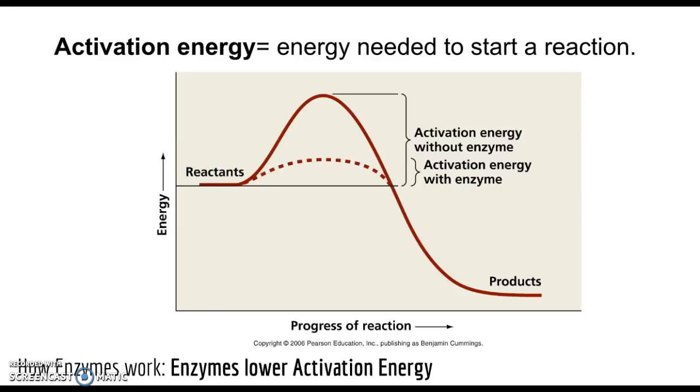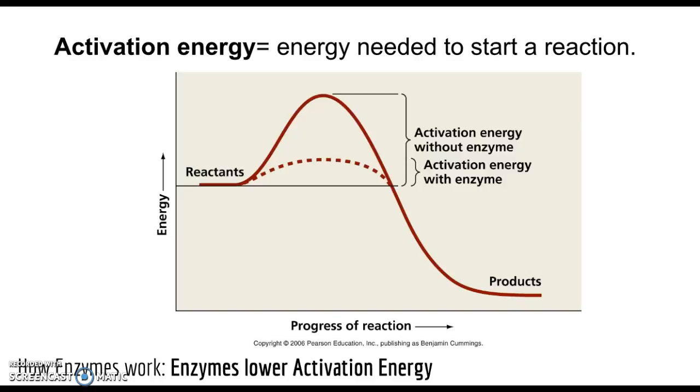Enzymes speed up reactions by lowering activation energy. The activation energy is the energy needed to start a reaction. The reactants listed on the left are similar to the hydrogen peroxide or burning food that we did in class. The reactants, to proceed to products, have to have a certain amount of energy input in order for the reaction to proceed.